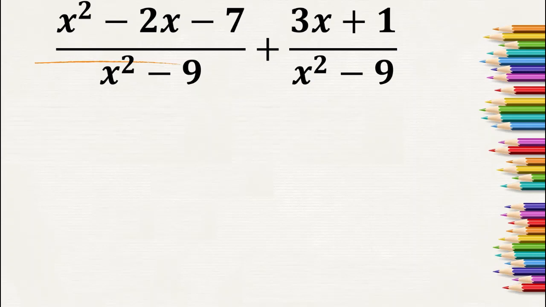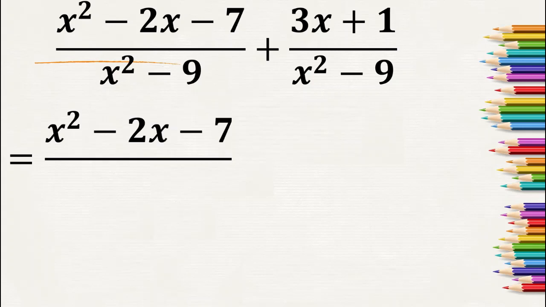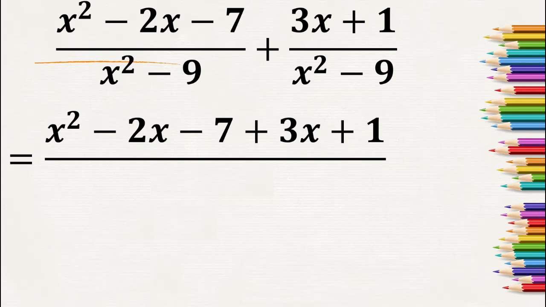So we have x squared minus 2x minus 7 plus 3x plus 1 all over x squared minus 9. And then add the similar terms. We have x squared. In our numerator, there is no term similar to x squared, so we will just copy x squared.